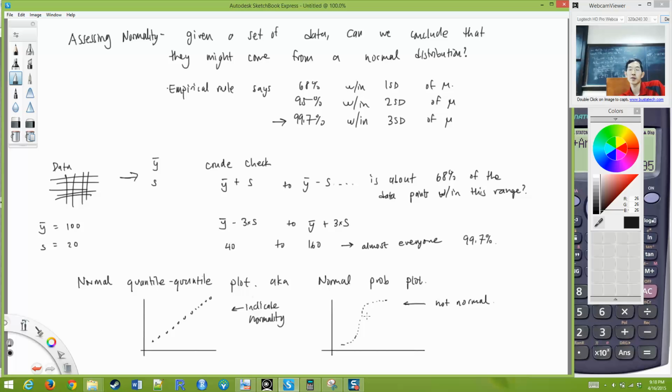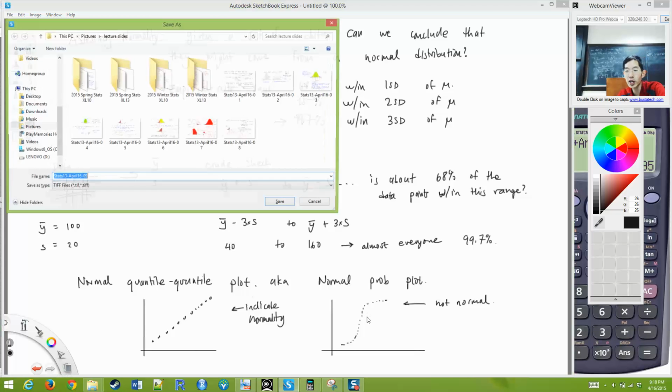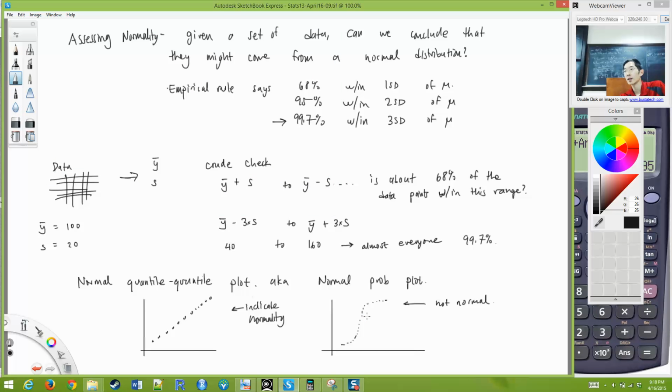Okay, you can get more complicated methods of analysis to see if things are normal, and there's like the, I forget, Smirnov-Kolmogorov thing. There's all sorts of tests you can do beyond the scope of this course.